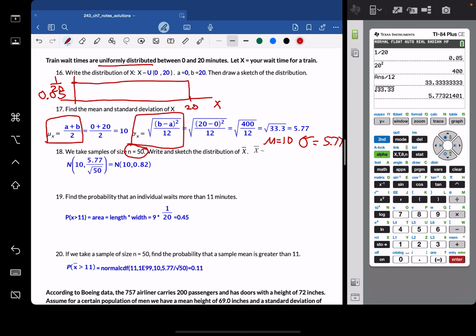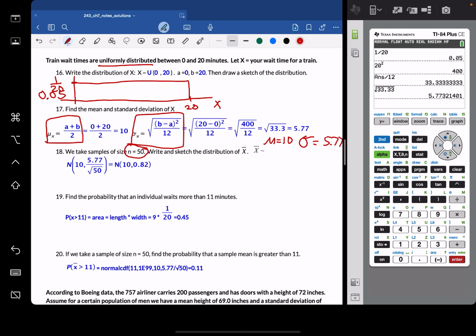Train wait times. Maybe individuals are reporting how long they waited. Then we grab samples of size 50 from all of their reports, and we calculate x bar. And according to the central limit theorem, x bar will be distributed normally with a mean of 10 and a standard deviation of 5.77 divided by the square root of 50.